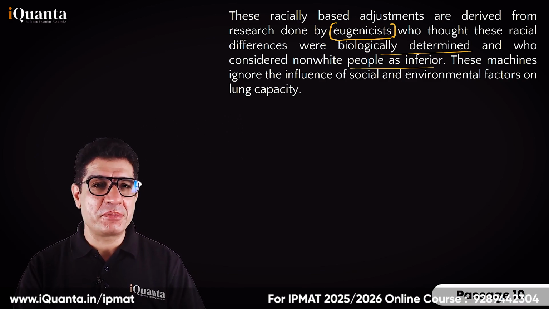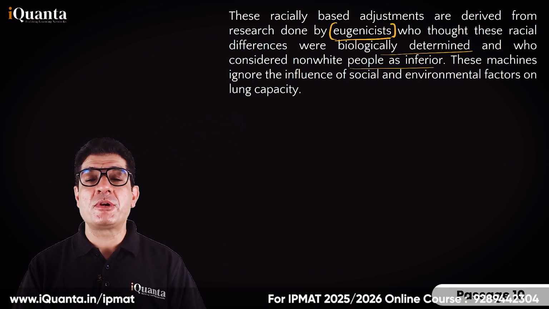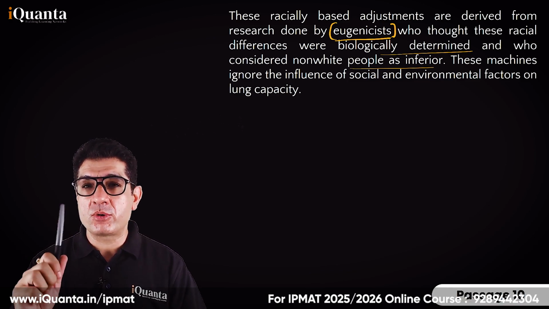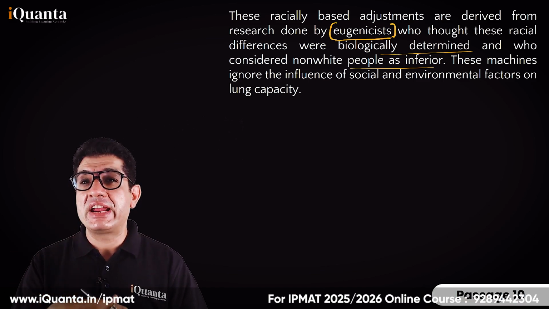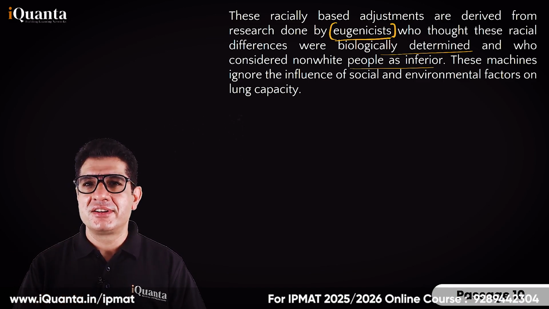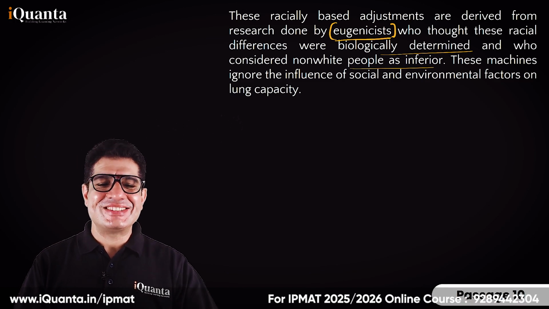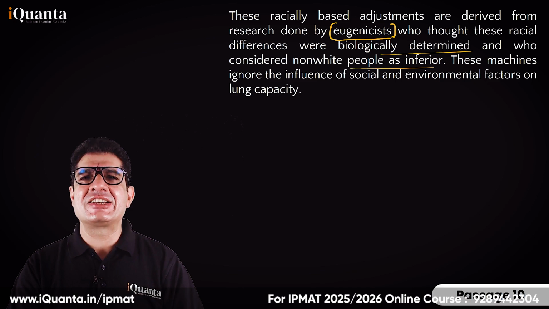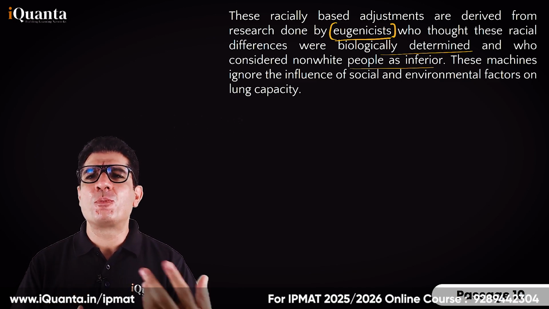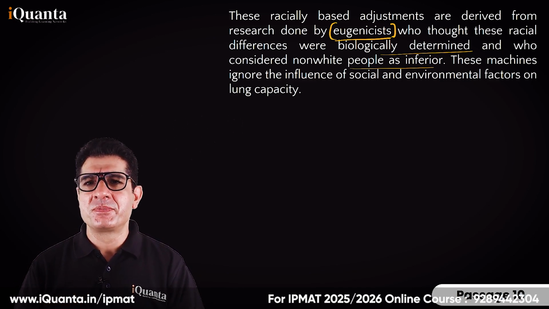And it was not limited to just the Jews. They said that people who are disabled are inferior, people who are mentally challenged are inferior. So they should not be allowed to produce children. So this eugenicist is basically those kind of scientists who think some races are superior as compared to some other.